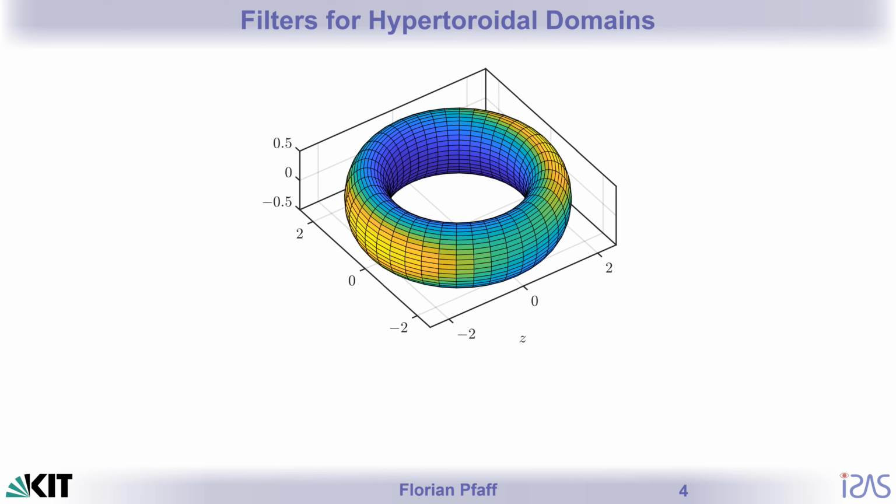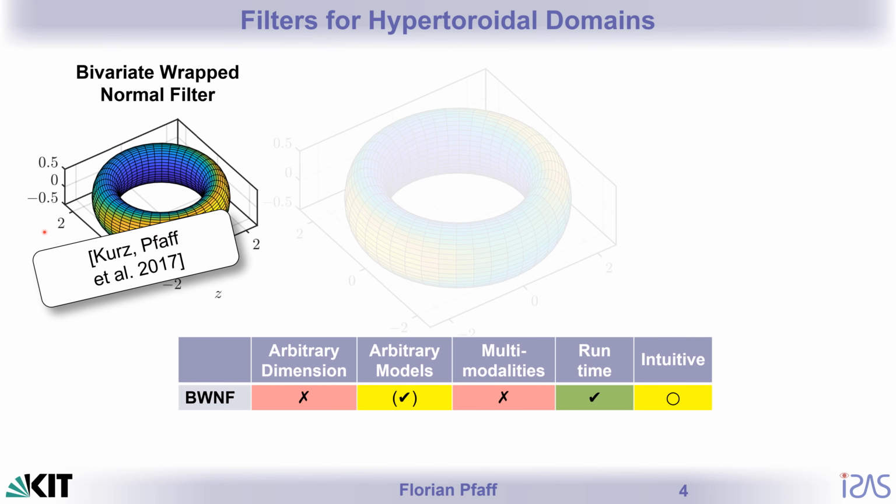Before we get to our novel filters, we first give a brief overview of all filters for hypertoroidal domains. We also illustrate how they represent densities. For this, we show here one density that is bimodal on the hypertorus. If you consider a bivariate normal filter, it can only consider unimodal densities, which is why we only get a single mode here.